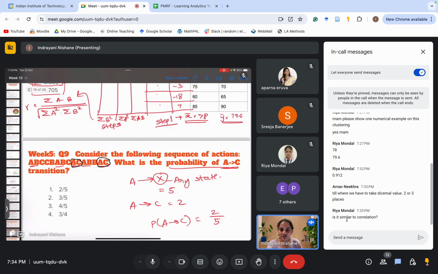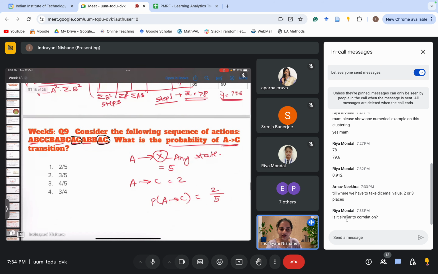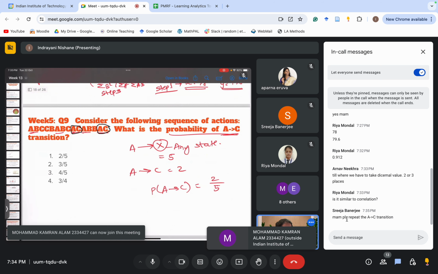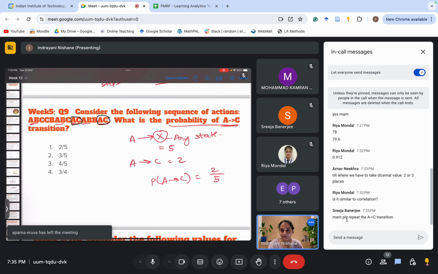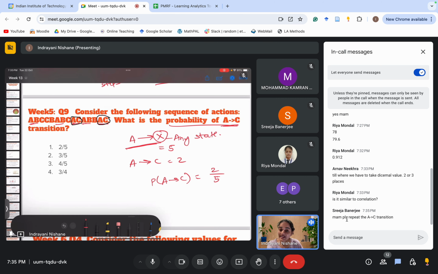This is probability, not correlation, Riya. This particular question is of probability. The definition of probability is you count how many times this has occurred, divided by the total number of possibilities of total transitions. So this is the possibility of total transitions from A to any state.